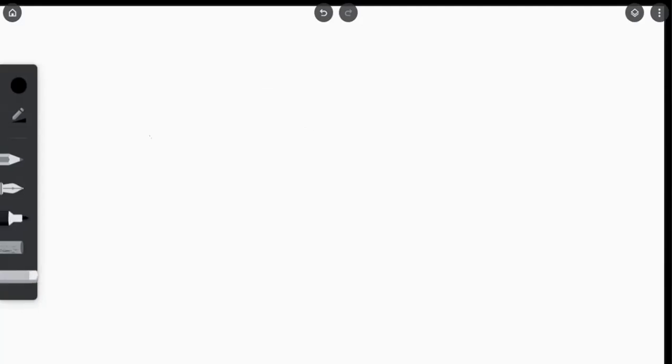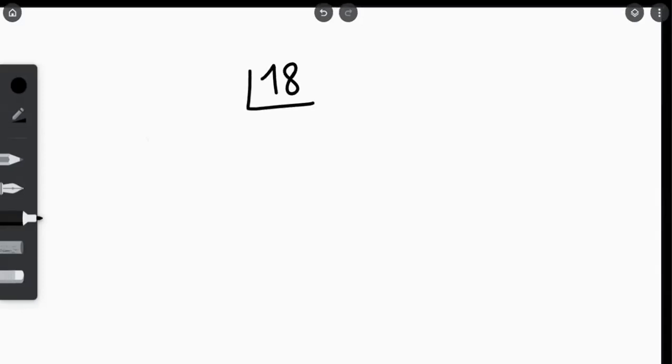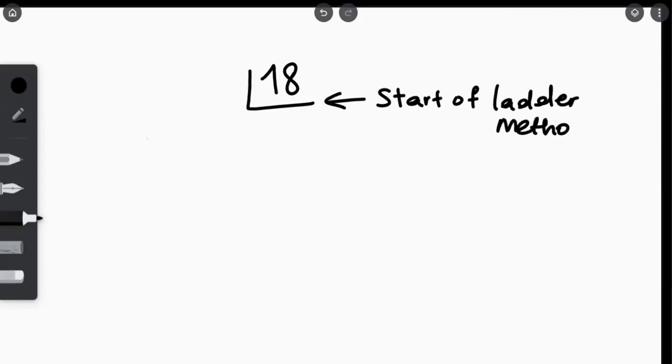Let's say I have to do the prime factorization of 18. The first thing you need to do is to do this thing here. This means the start of your ladder. Start of ladder method, you will do this.